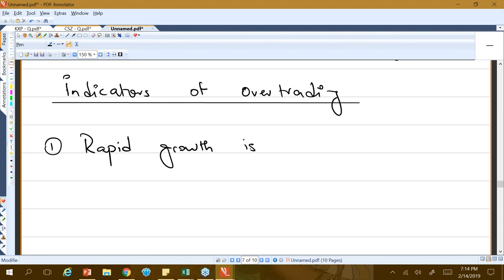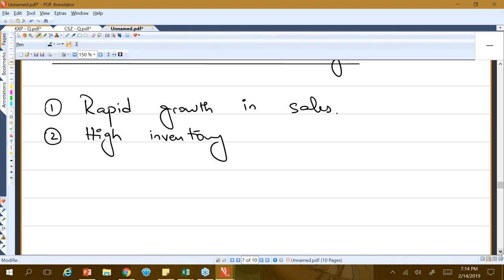The first indicator is that you have got rapid growth in sales. The second indicator is that you are maintaining high inventories because you want to sell more.